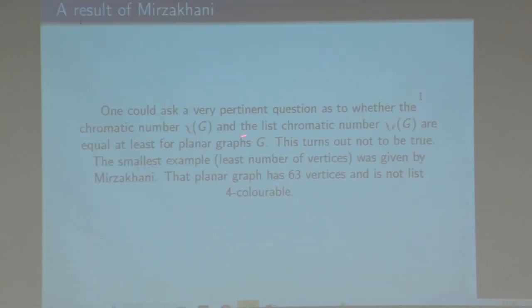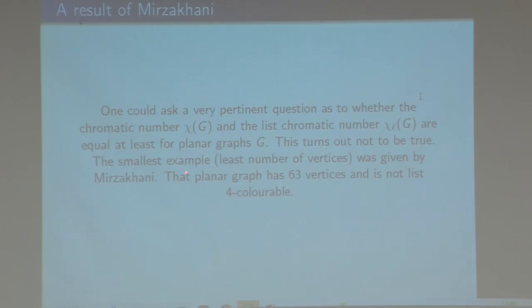So one could ask a pertinent question: are chromatic number and list chromatic number equal at least for planar graphs? This turns out not to be the case. Smallest example, least number of vertices: initially, some 50 years ago, the smallest example had more than 100 vertices.